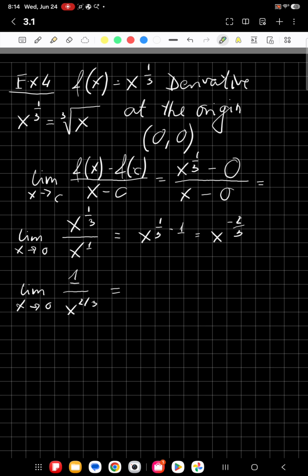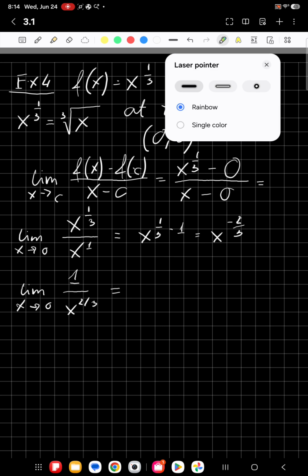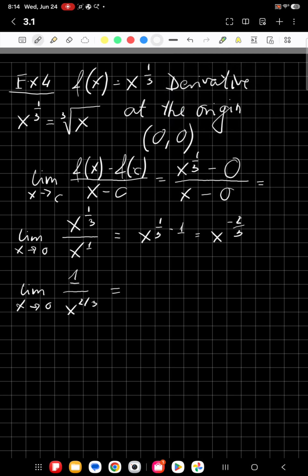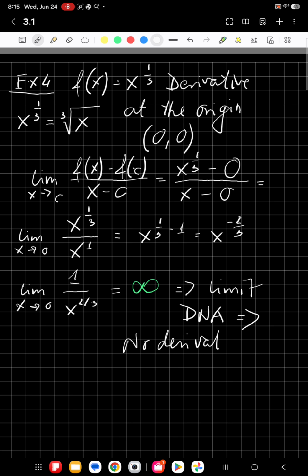So 1 over a small number is a big number. Those numbers will be getting bigger and bigger, greater and greater. So what we will get is infinity. And let's keep in mind that means the limit doesn't exist. So the conclusion: no derivative.